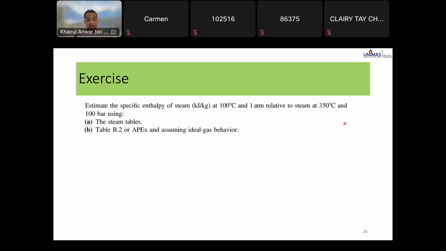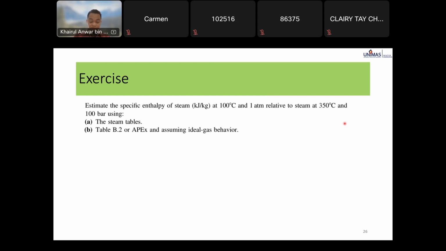Next method is using table B2, steam. Okay. So steam is water, water in gas form. So you use the last row. The last table for table B2 is page 337. The last row.